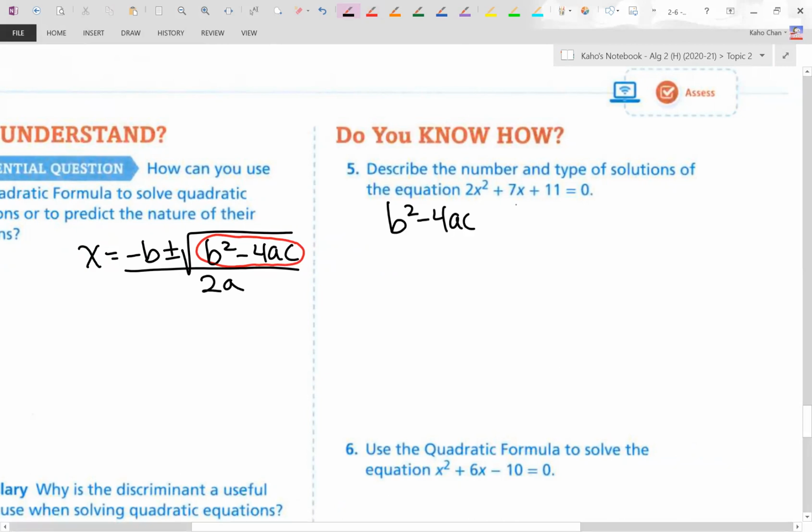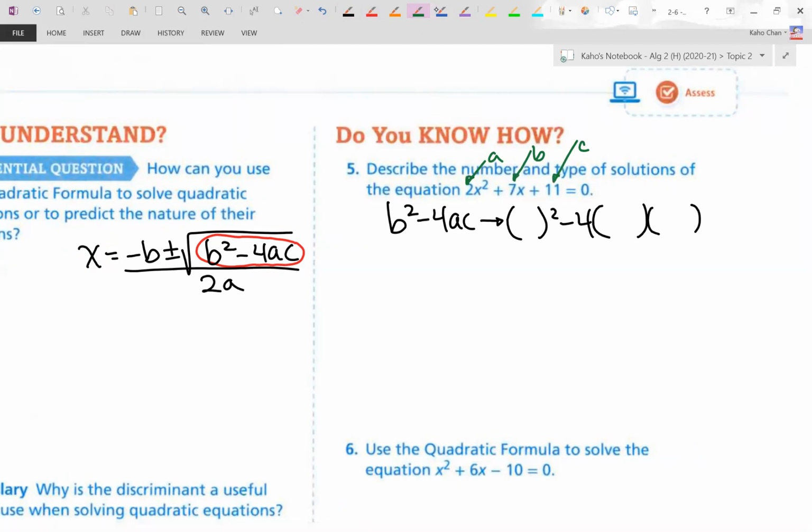It's in standard form, very nice. All I have to do is plug the numbers in. Here's your A, here's your B, and there's your C. Nice. Plug the numbers in. B squared, 4ac. Not too colorful this time around.